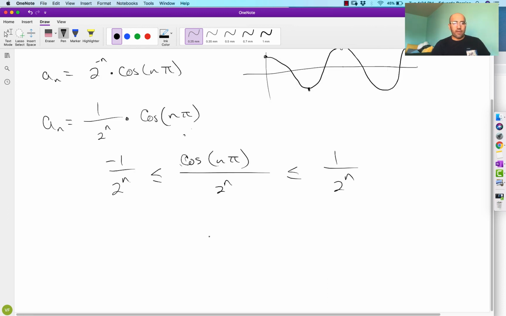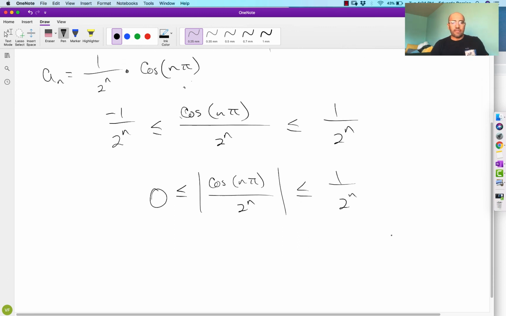So if I think about the absolute value of cosine of n pi over 2 to the n, then since it's absolute valued, it's got to be positive, so it's trapped between 0 and 1 over 2 to the n.